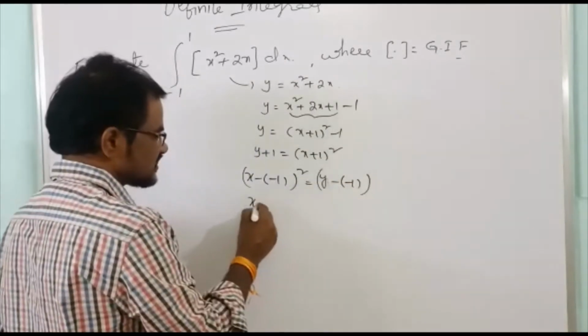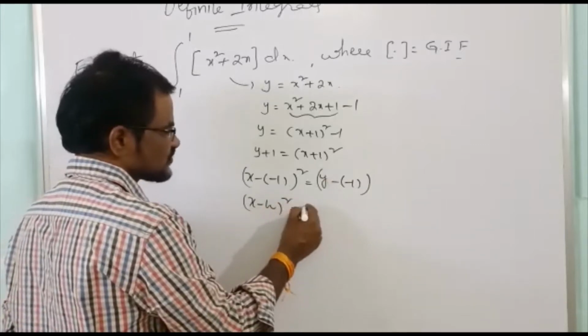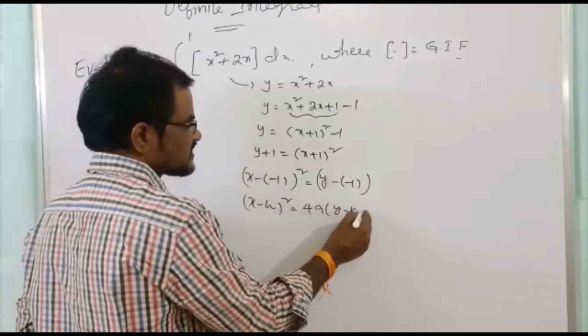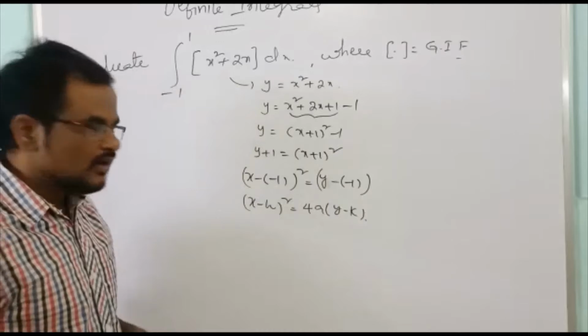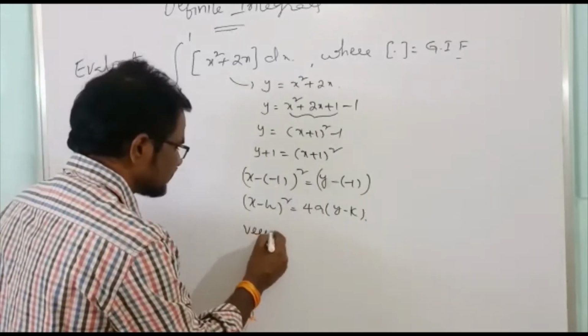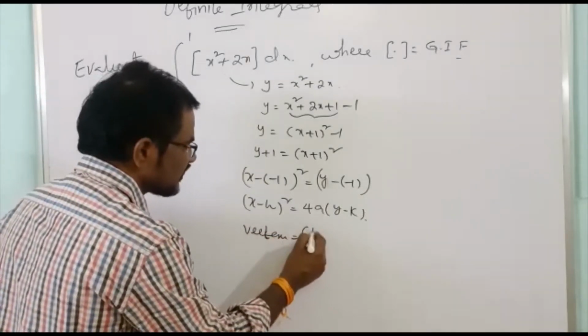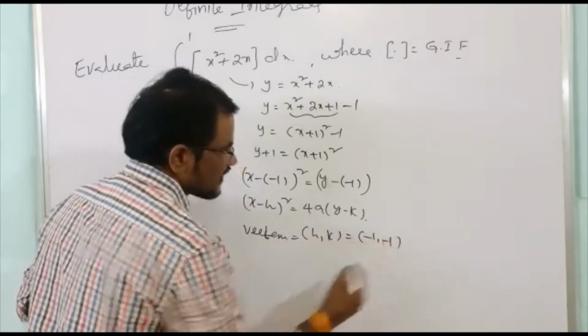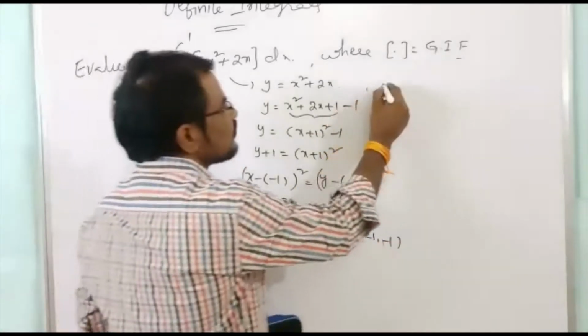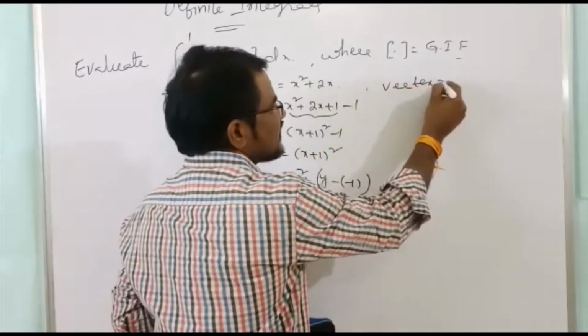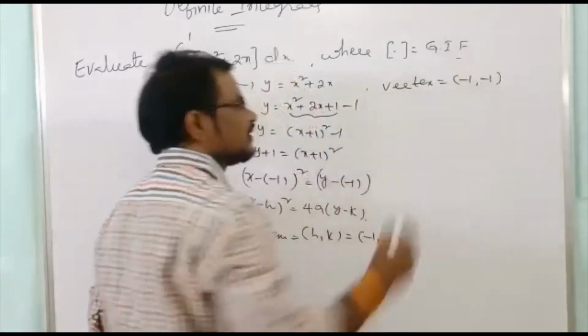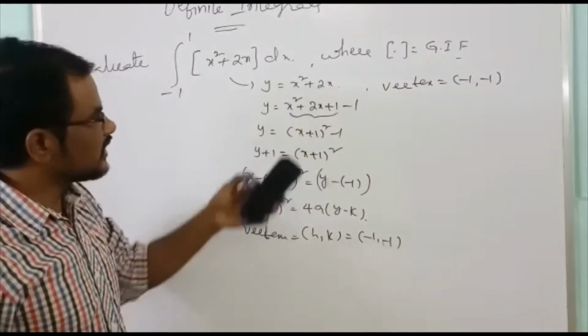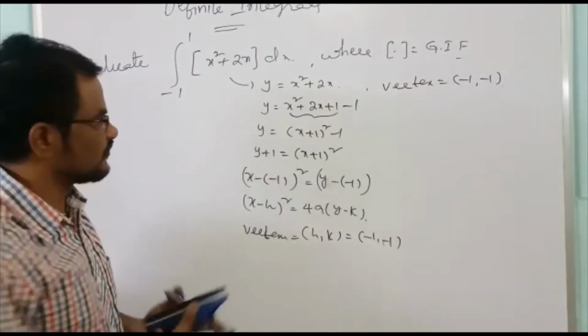So clearly it is in the form of x minus h whole square equal to 4a into y minus k, which is a parabola whose vertex is h comma k. So here h comma k is minus 1 comma minus 1. So vertex of this parabola is minus 1 comma minus 1, and this parabola opens upwards.